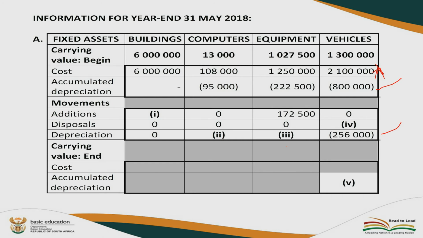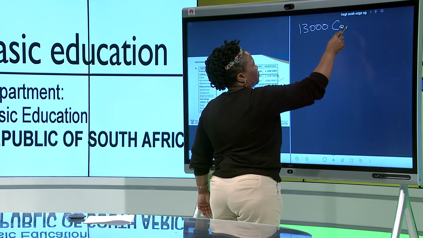And then there is the accumulated depreciation currently on these computers. And then we are now going to calculate the depreciation as we are expected. But I want you to take a closer look at the carrying value. The carrying value of the computers is 13,000. This is the carrying value.